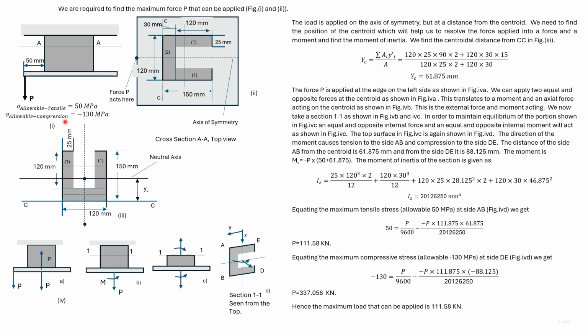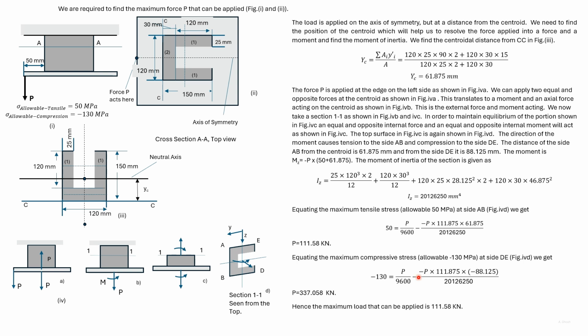We were earlier given the allowable tensile stress, so we have equated these two to give us a value of P. The points E and D are subjected to compressive stress due to bending and tensile stress due to the axial force.